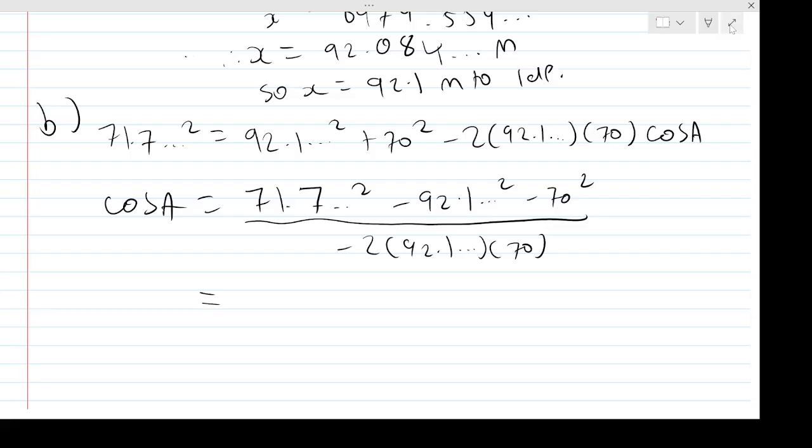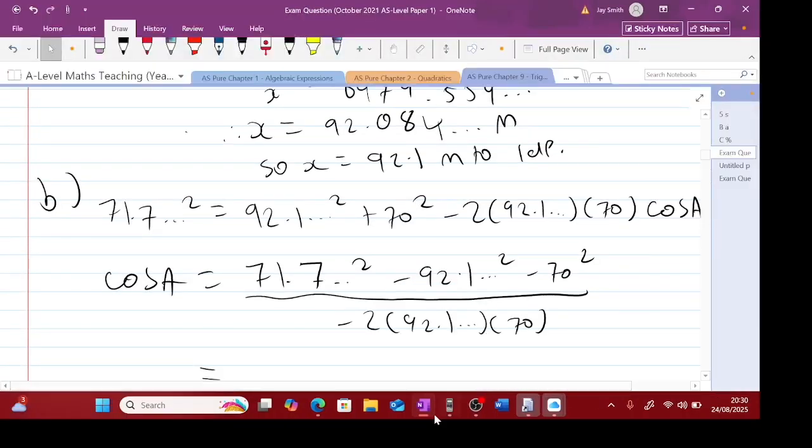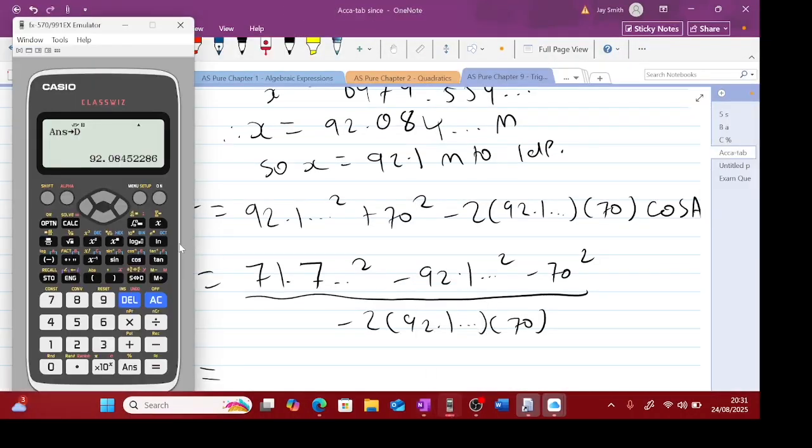So if I go back to my calculator then, firstly, I have to compute this division. So fraction, and then 71.7, again, that's A, that's what I stored as A. So go to my red mode, and then click the red letter A, and let that be squared. Then I'm going to take away the other two numbers, 92.1.